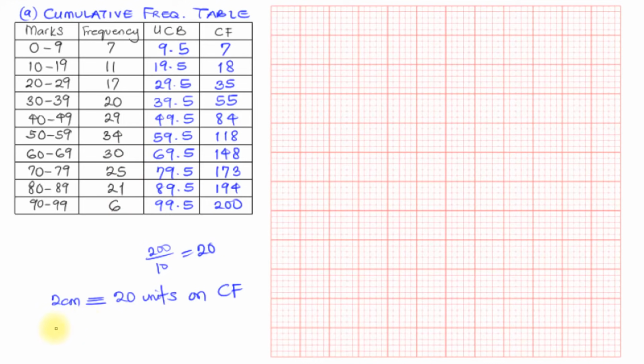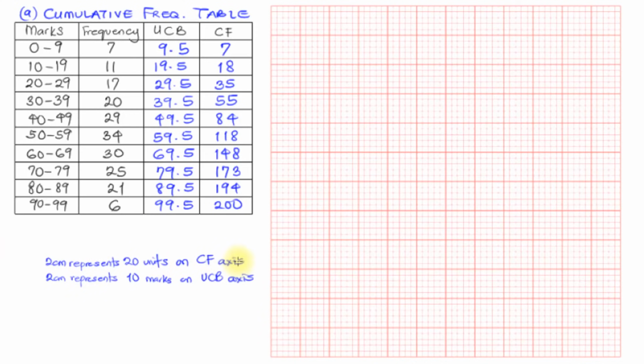I will just say that for that particular horizontal axis, my scale should be 2 centimeters to represent 10 marks on the upper class boundary axis. So this is going to be the scale that I'll be using for this particular question. So I can say I have my scale as 2 centimeters representing 20 units on the cumulative frequency axis and 2 centimeters representing 10 marks on the upper class boundary axis.